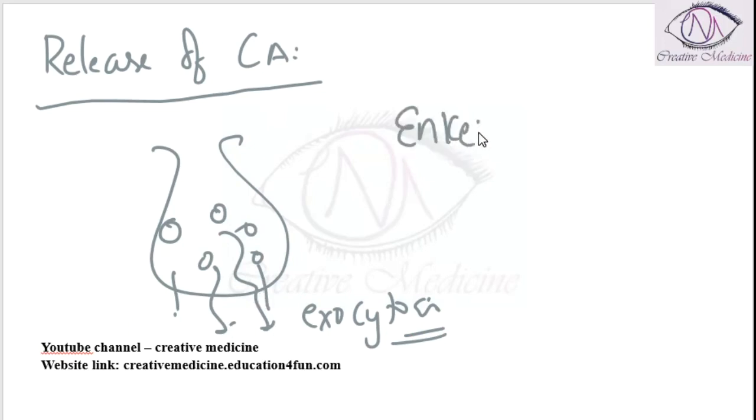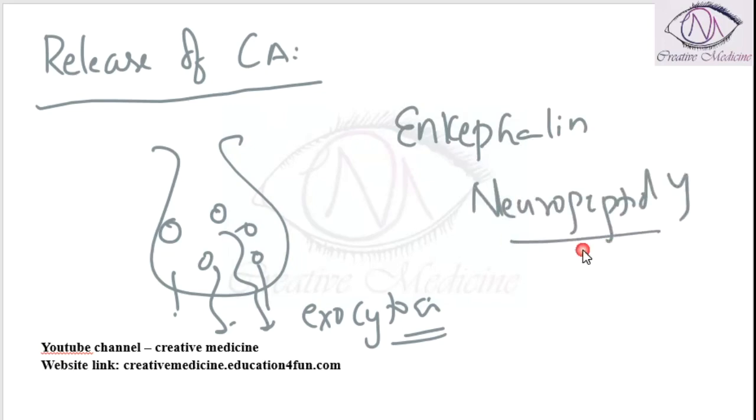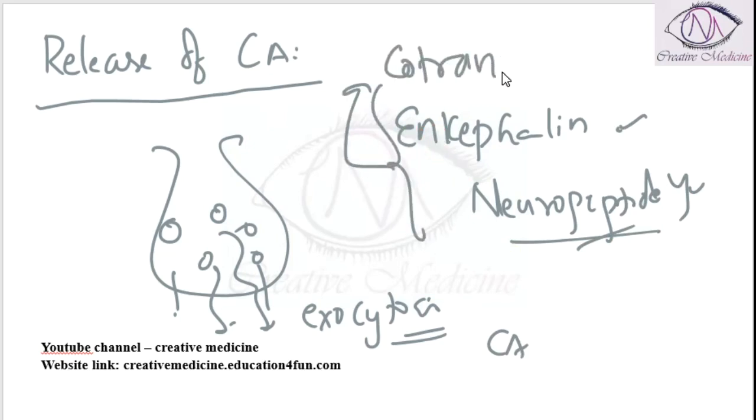Along with them, vesicles containing peptides like enkephalin and neuropeptide Y are also released along with these catecholamines, and they are called co-transmitters. These co-transmitters are released simultaneously.